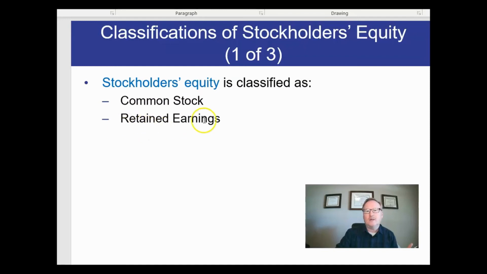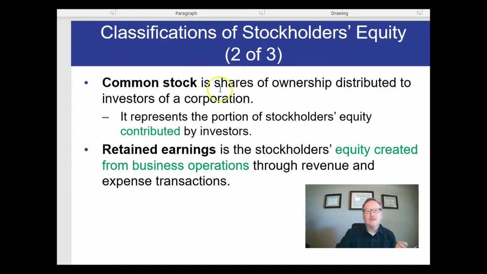So where it comes from is retained earnings. Now, retained earnings is that whole idea of revenue and expenditures that we were just talking about. So it says here, common stock is shares of ownership. And the other one, retained earnings, is the equity created from the operations of the business through revenue and expense transactions.